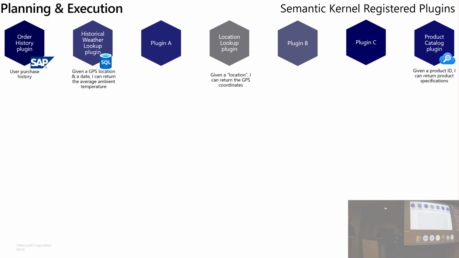You can go hit the weather system and try to figure out what should they buy. You obviously have a product catalog of all the things your company sells, and that could be indexed with AI search. It doesn't really matter. The important part is we've got all these plugins, data sources, external data sources that don't know anything about AI, don't know anything about OpenAI. They're just data sources, either publicly accessible ones or ones inside your company.